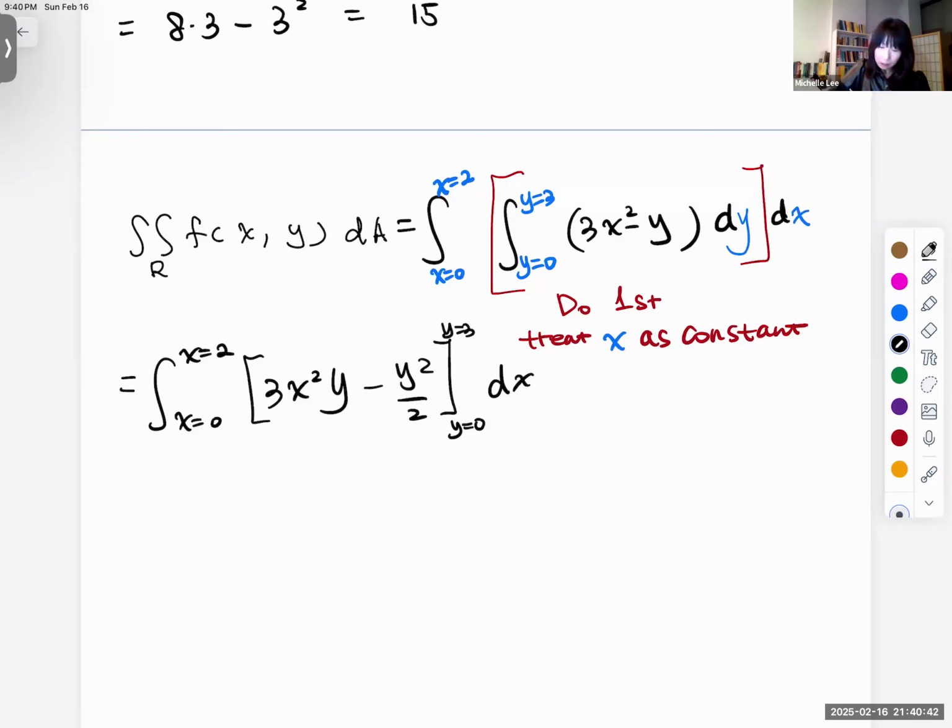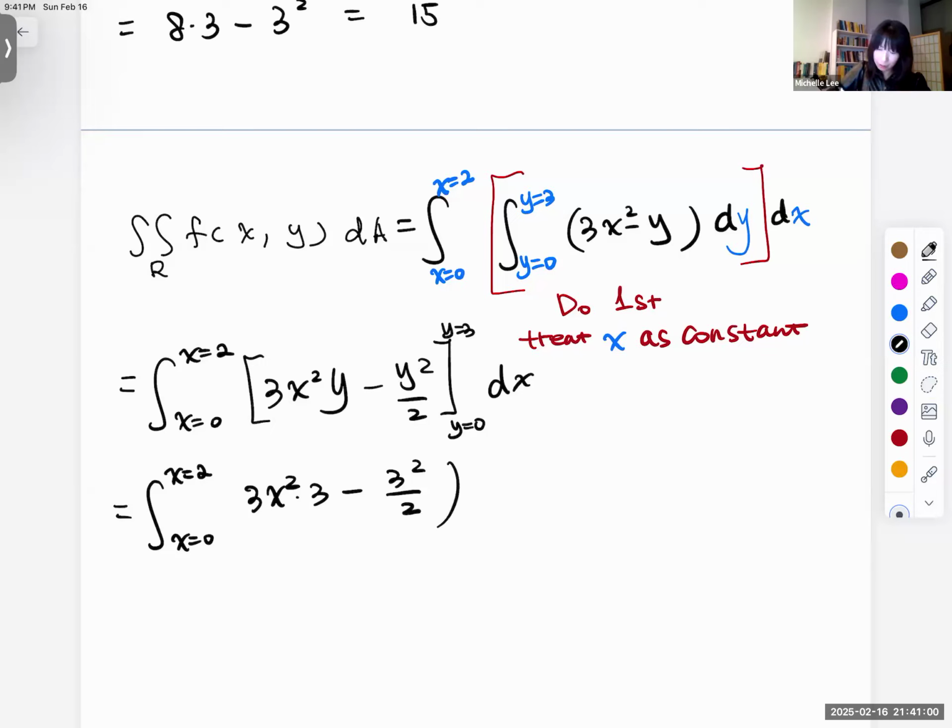All right. Now, from x equal to 0 to x equal to 2, we need to evaluate. So 3x squared, y equal to 3, minus 3 squared over 2.